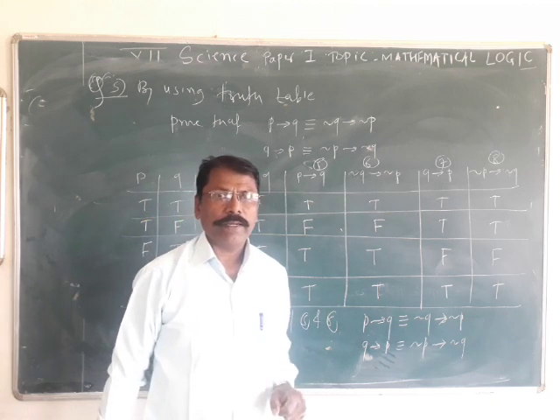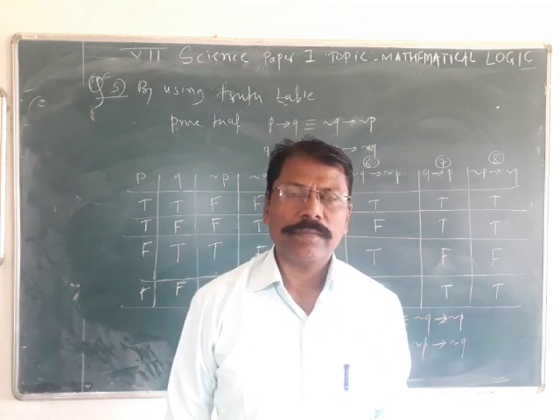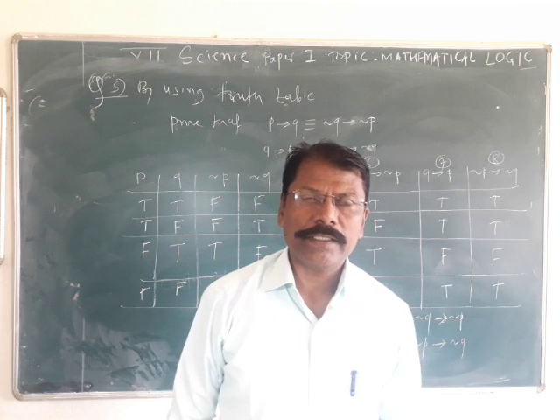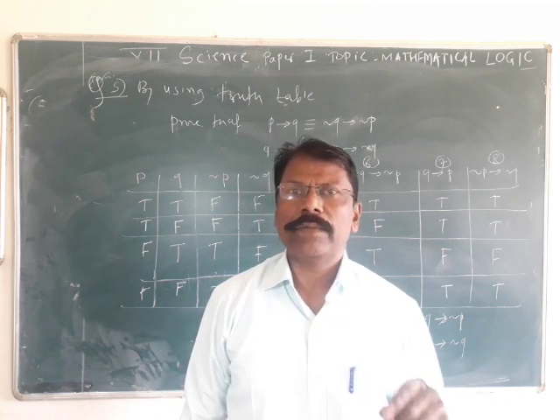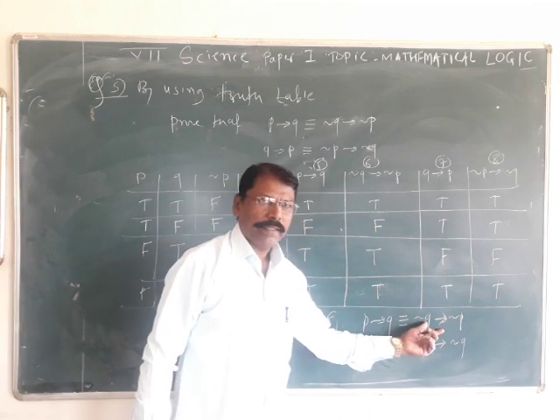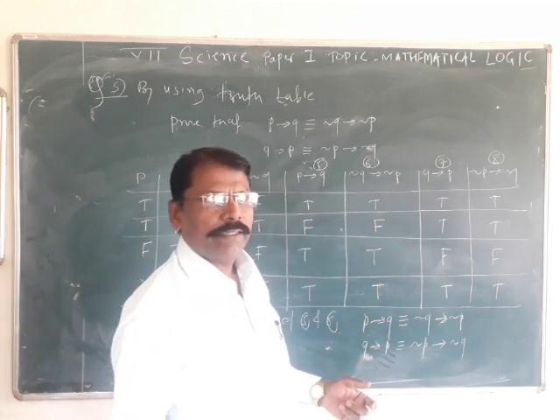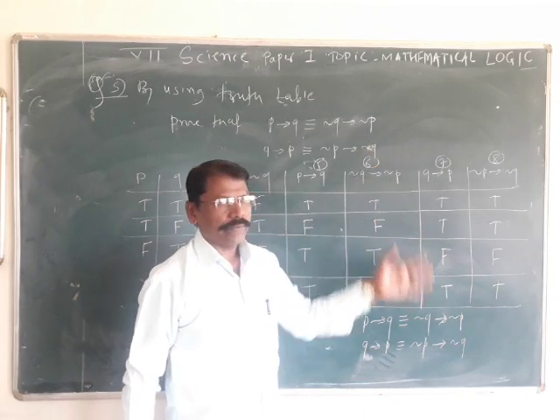You might remember, when you prove theorems, sometimes some theorems are not easily proved by the direct method. Then we use the indirect method, which is nothing but the contrapositive, because the contrapositive statement and the given statement are the same. Got it? So this is very important.